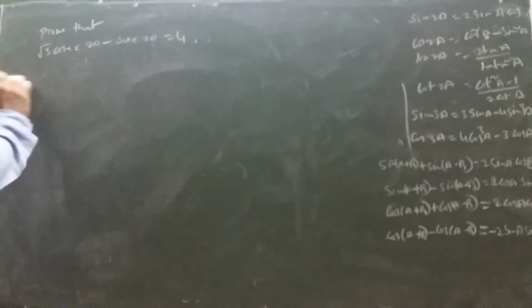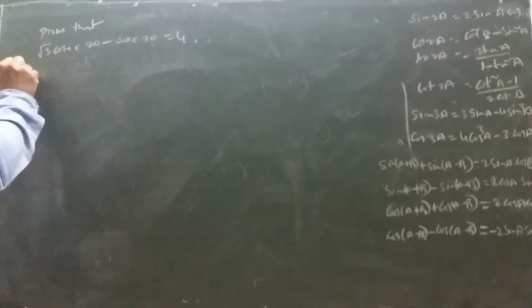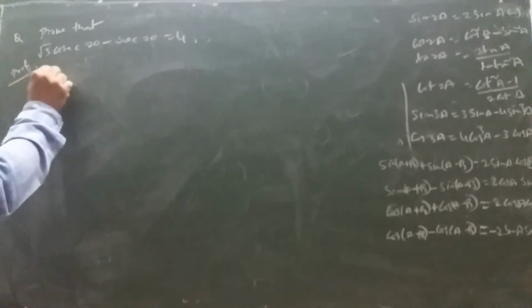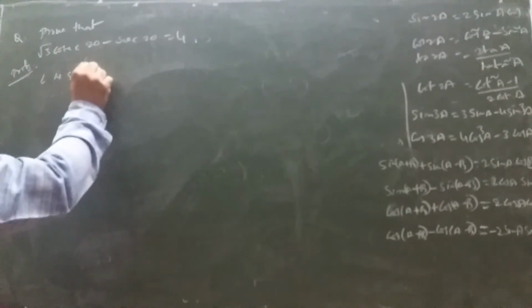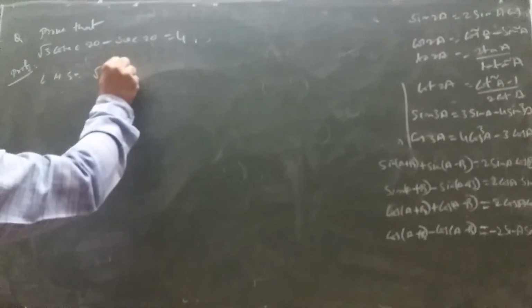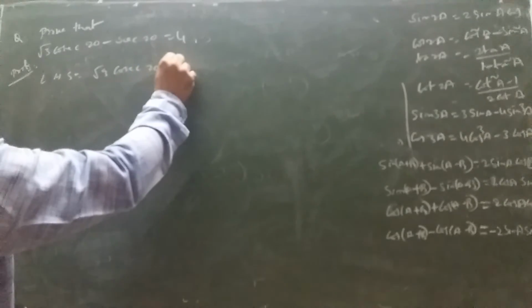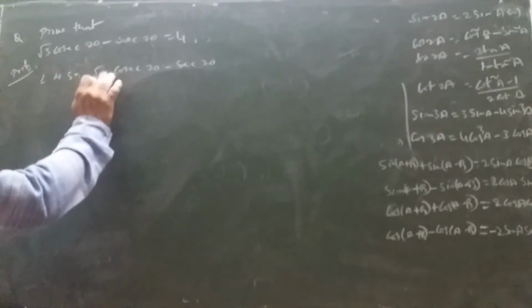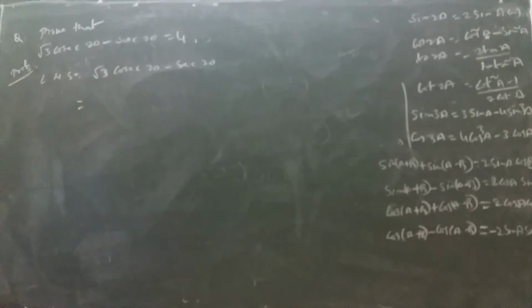This is our problem, a 4 marks problem. Take LHS. LHS is root 3 cosec 20 minus sec 20. This can be changed into sine and cosine.